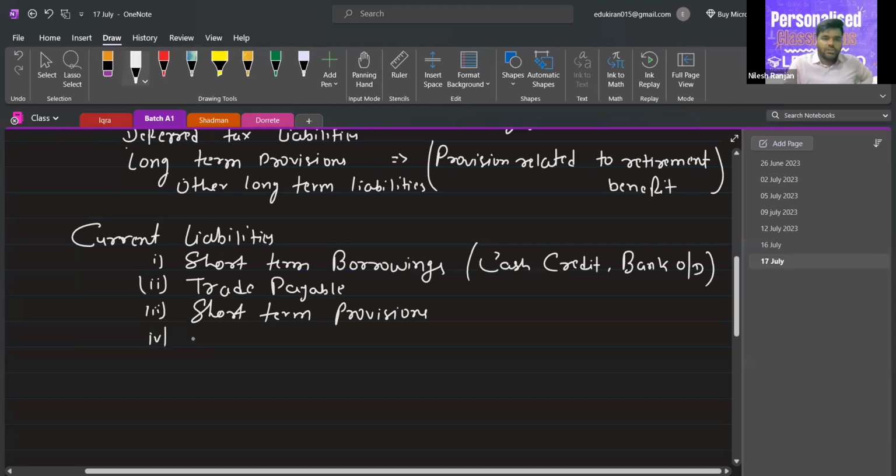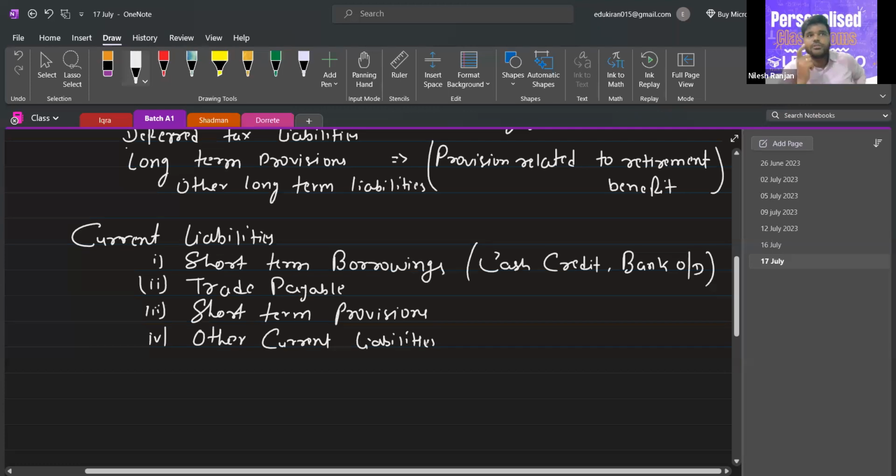Fourth, there is other current liabilities. So these classifications are similar in nature. Short-term provision and long-term provisions are same, but the only factor that differs these two is time. So provision which is created for long-term purposes is long-term provision, and the other is short-term provision.